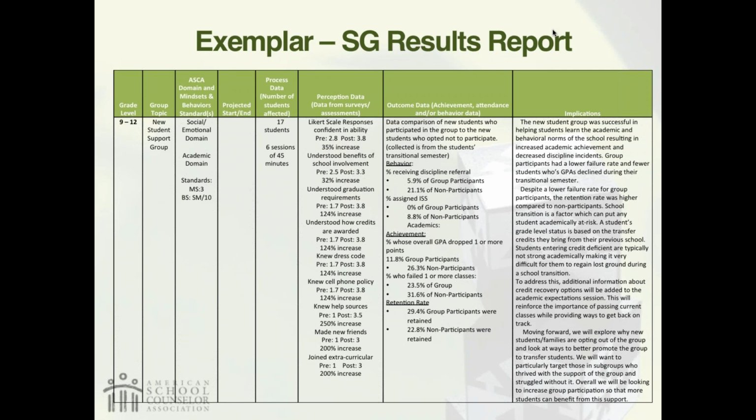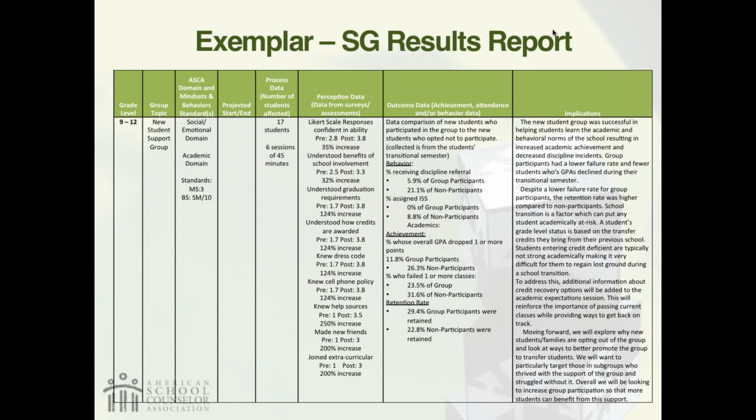They had some good results, they had some not so good results. For example, if you look at the achievement, 23% of the group participants failed one or more classes versus 36% of the non-participants, which is good.